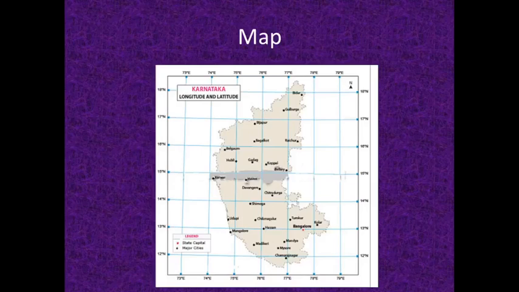With the red, it is showing the state capital, and the black is showing major cities. It is from 12 degrees north to 18 degrees north. So here they are showing you the longitudes and latitudes in which our Karnataka state lies.